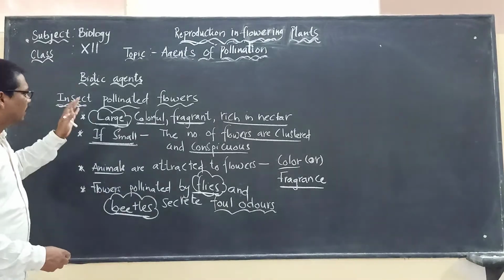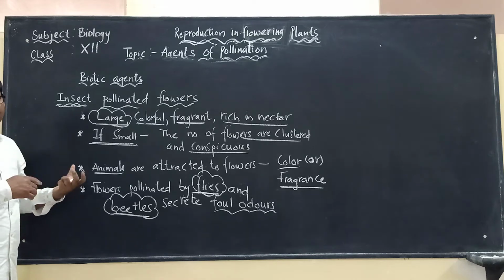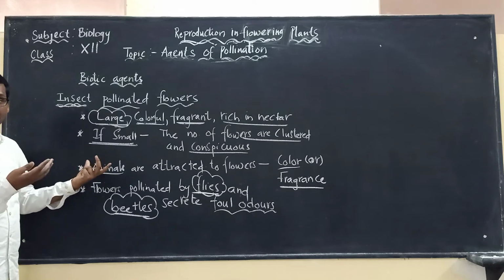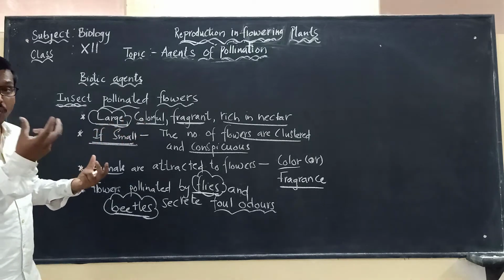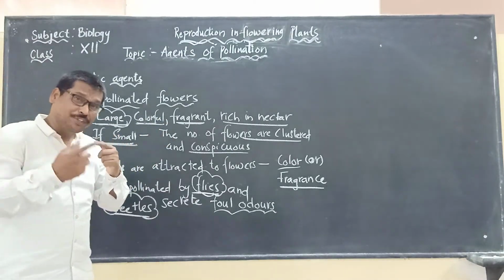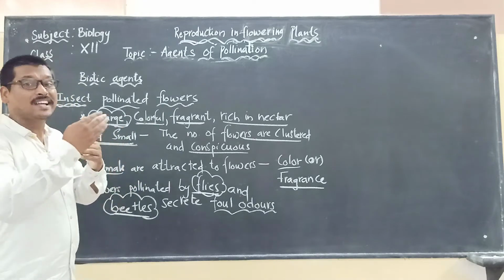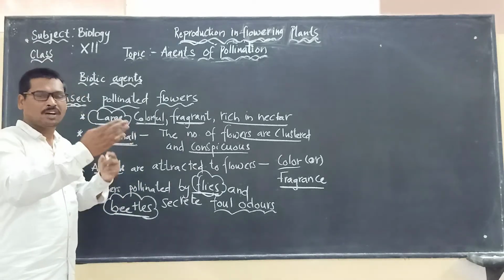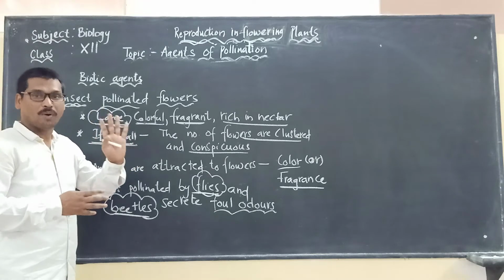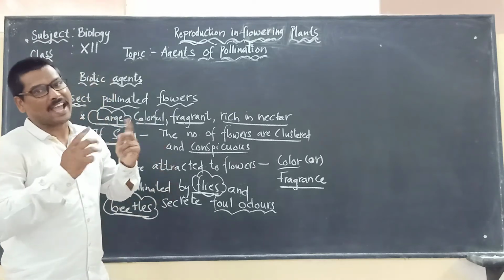So here we have seen how the flowers or the plants are attracting the animals for pollination. For continuous visit of these animals for pollination, to sustain that visit, what do the plants or the flowers have to provide for these animals?